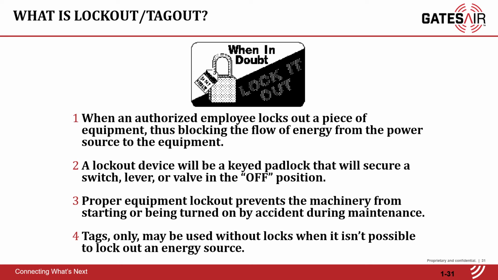Remember, lockout-tagout is only for equipment that is not plug and cord connected. It's when an employee locks out a piece of equipment, blocking the flow of energy to the equipment. A keyed padlock will secure the switch or lever. It prevents the machinery from being turned on by accident. And if it's not possible to lock that out, then a tag only is required.